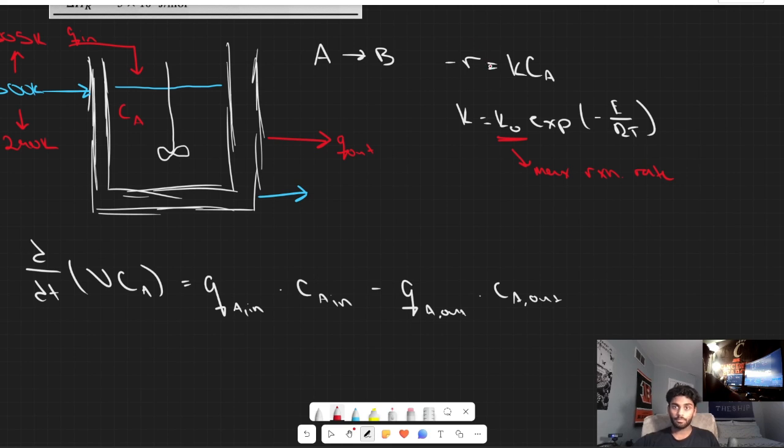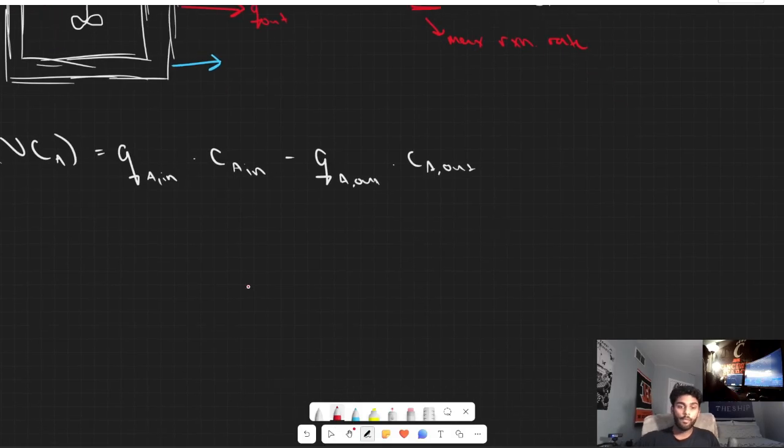So how are we supposed to implement this into our mass balance? Well, we can have plus KCA, and right now this has units of moles per liter per minute.